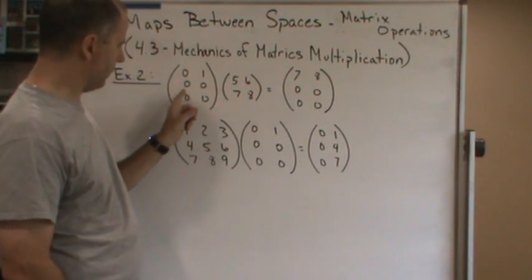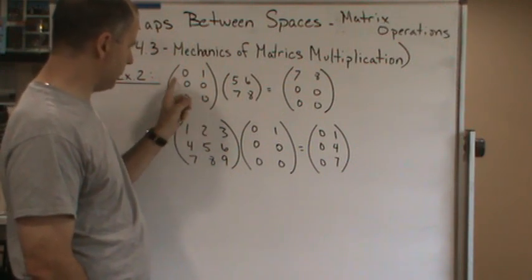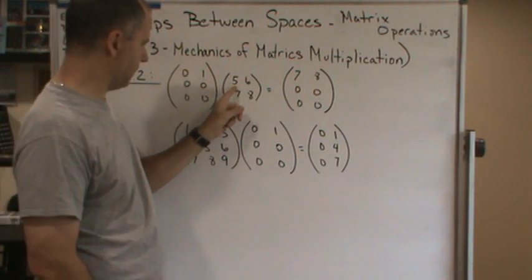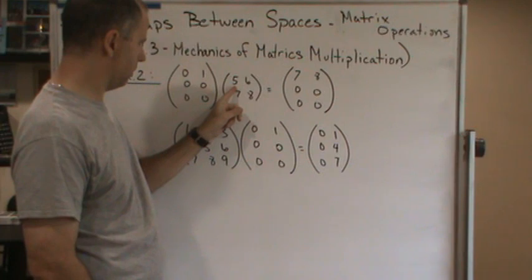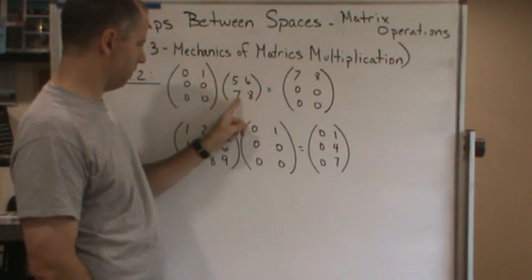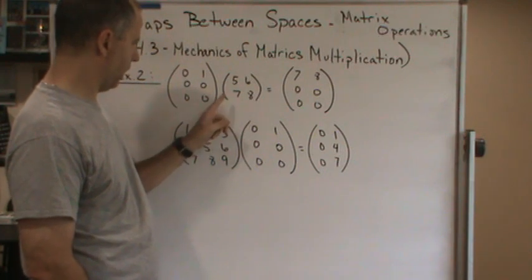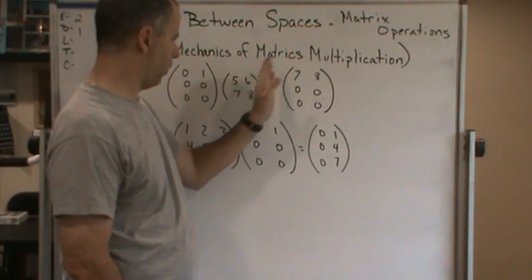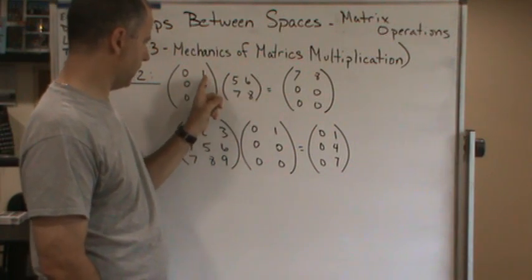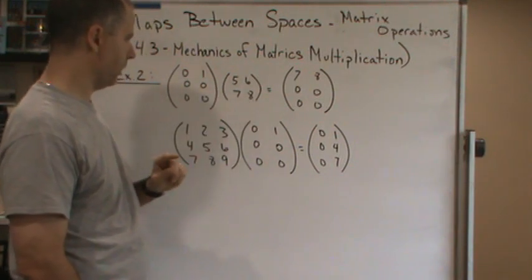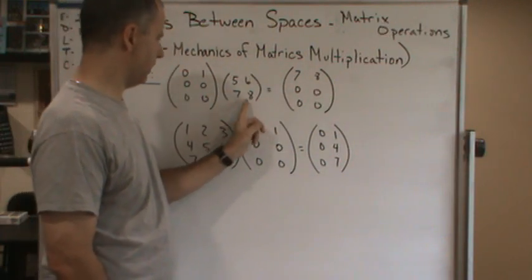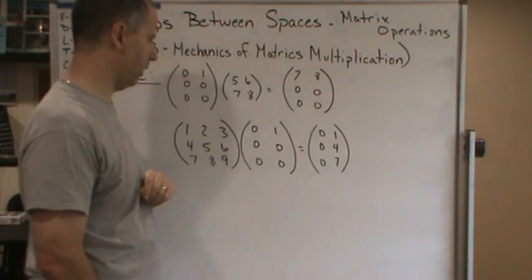Notice that these are going to be 0. This is going to be 0 times this, plus 1 times this, so you get 7. Then if you rotate over to the next one, it's going to be 0 times this plus 1 times this. And so you get 7, 8 across. So what it does is this repeats this row here and everything else is 0.